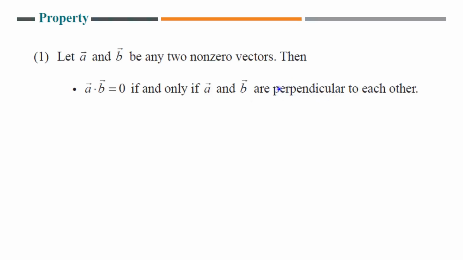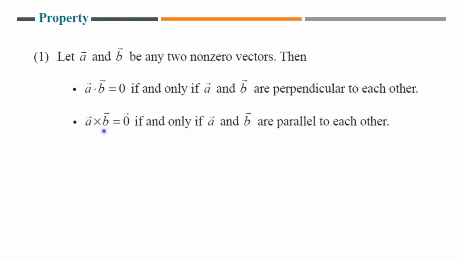Perpendicular means the angle between the two vectors is 90 degree. Similarly for the cross product, a vector cross b vector is equal to 0 vector, that is, when the cross product answer is 0, if and only if a vector and b vector are parallel to each other.